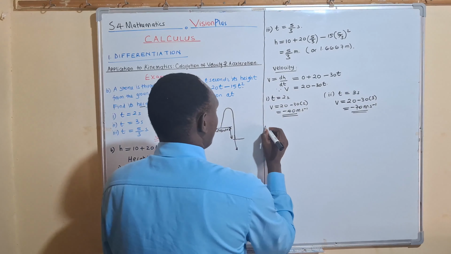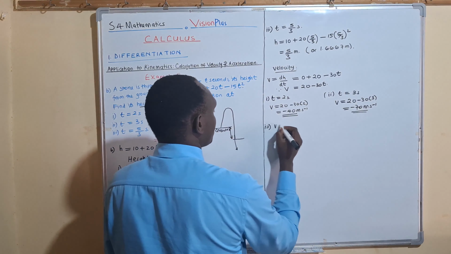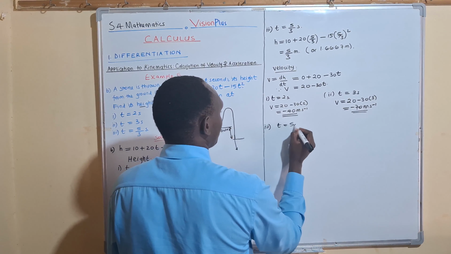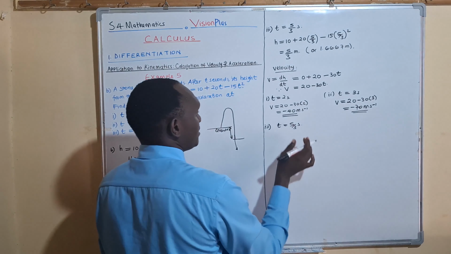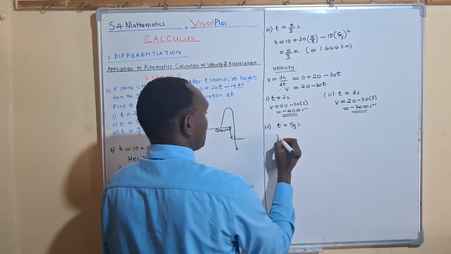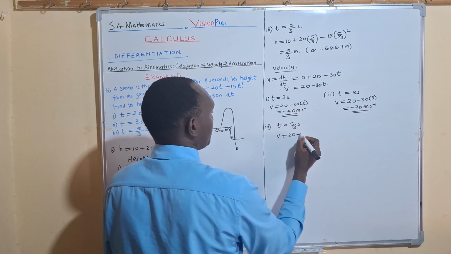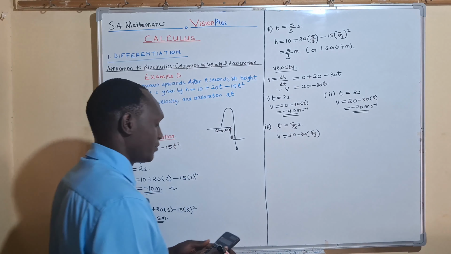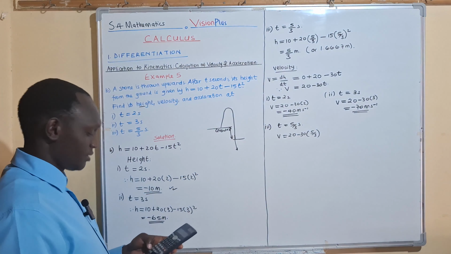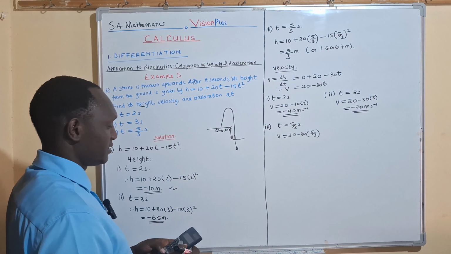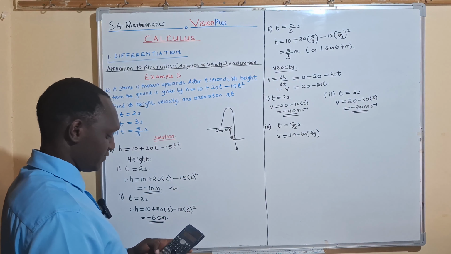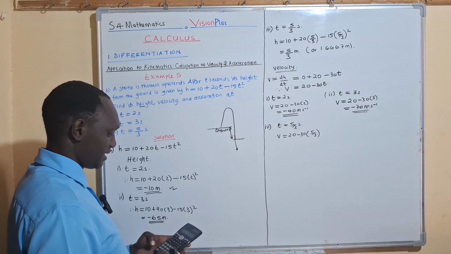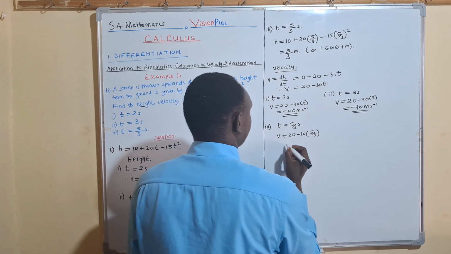Now, lastly, for velocity, what is the velocity when the time is 5 over 3 seconds? We simply substitute using the same expression, so v now becomes 20 minus 30 times 5 over 3. That is our time. So 30 times 5 divided by 3, 20 minus the answer, negative 30.